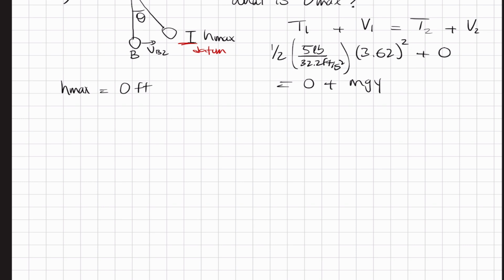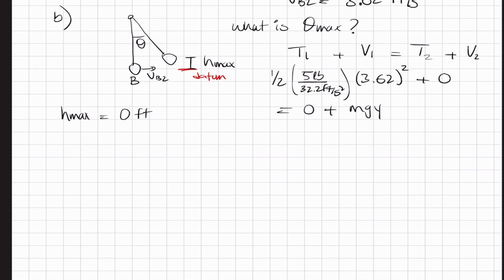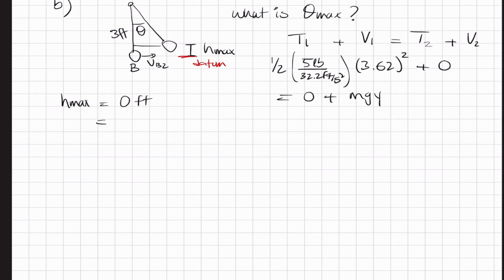Then we have to somehow express it in terms of the 3 feet of chord length, which, my apologies, I didn't write at the beginning of the problem. The way we have to express this is as the horizontal projection of this angle on the vertical axis. So if we have an angle theta, then we have 3 feet times 1 minus cosine theta being the H max.